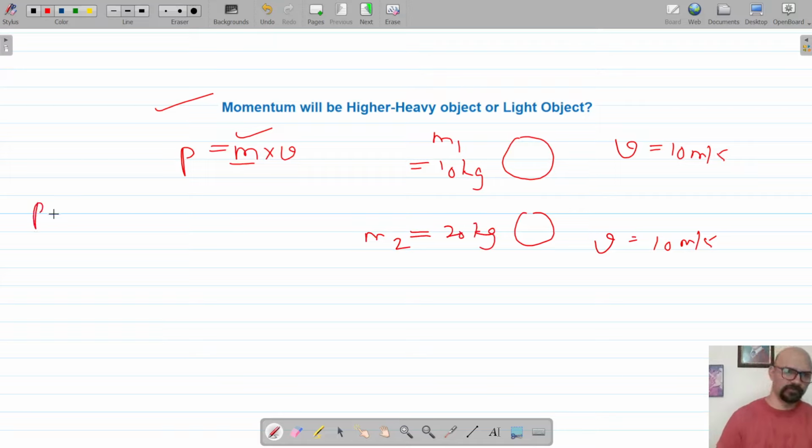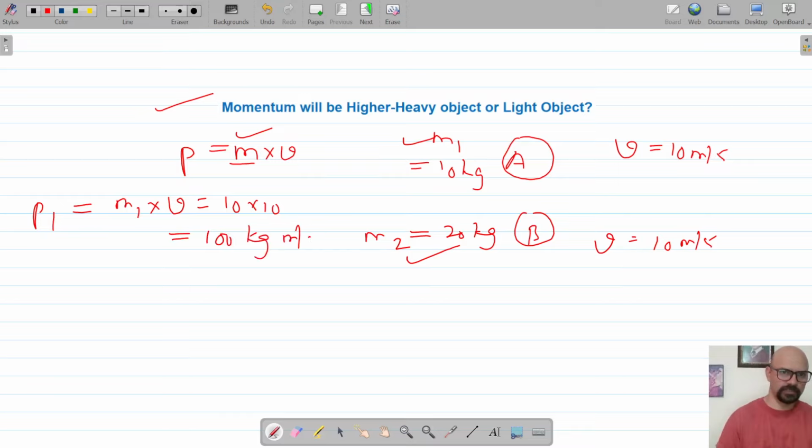B is heavier. The momentum of object A would be m1 into v, velocity being the same, which is 10 into 10, equal to 100 kg meter per second.